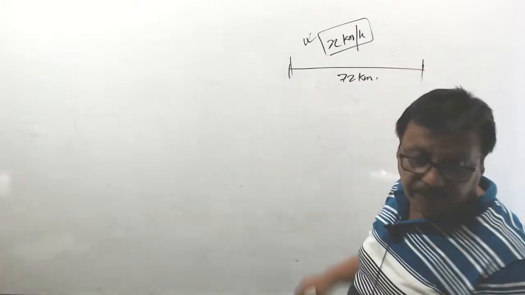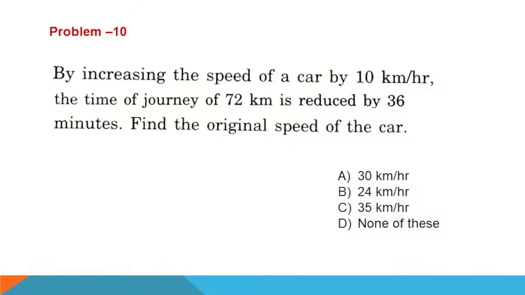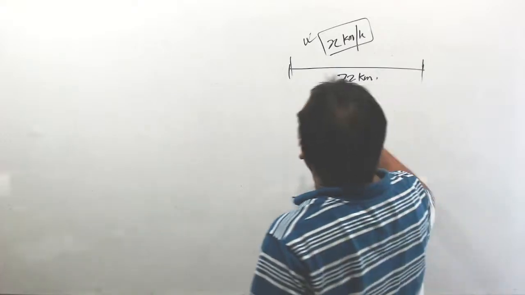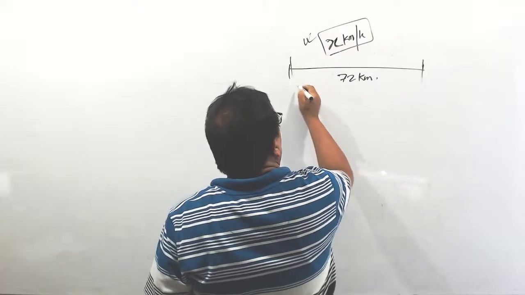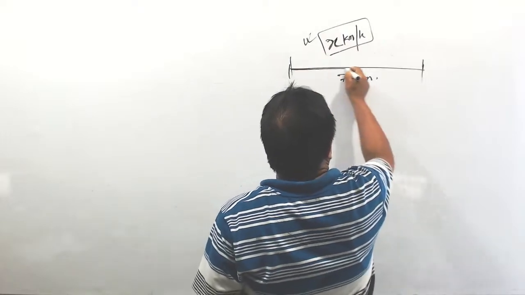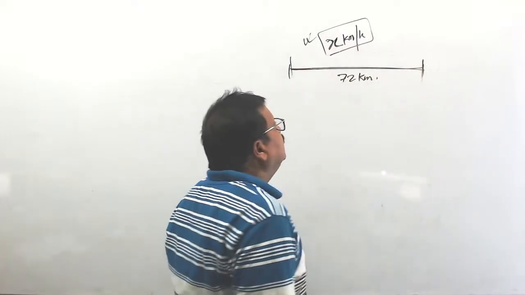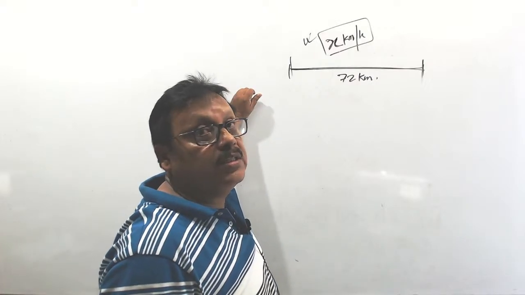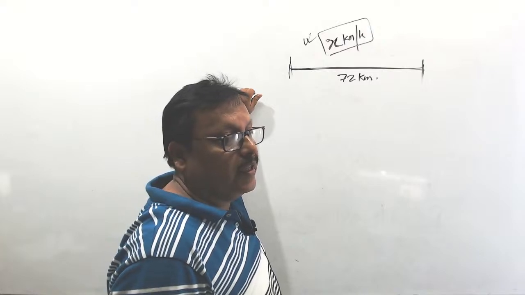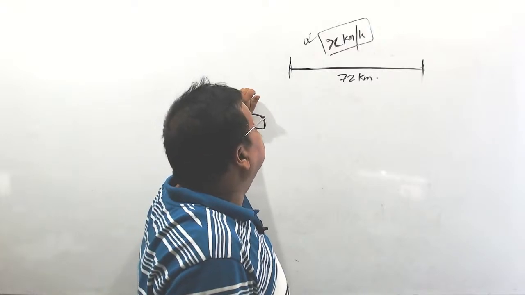Now, time is increased. The first thing: at the normal speed, x kilometer per hour, to cover this 72 kilometer distance, how much time will the car take?